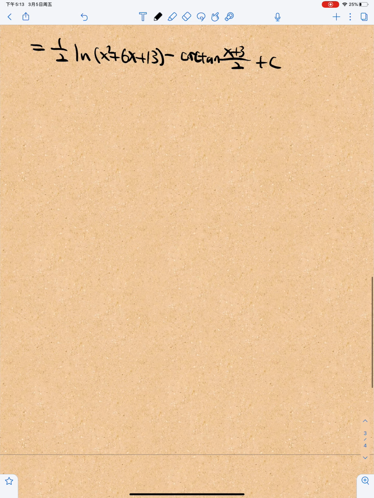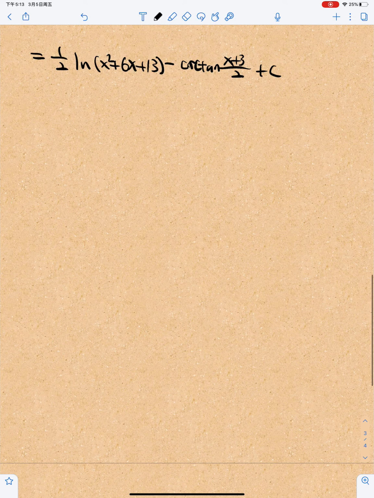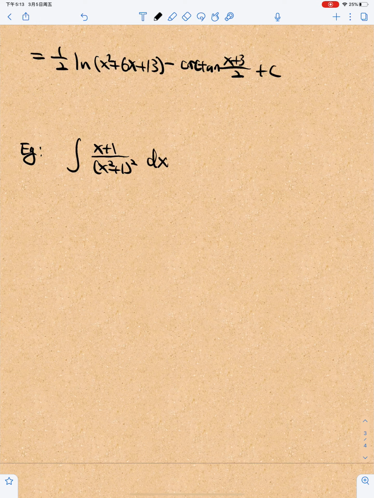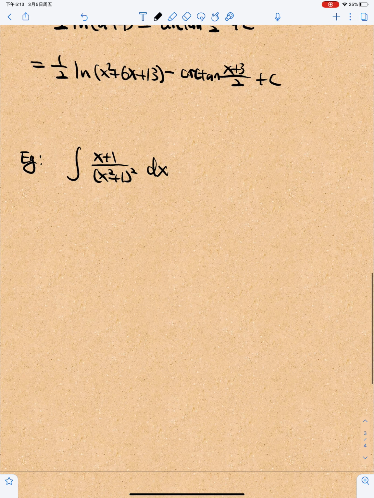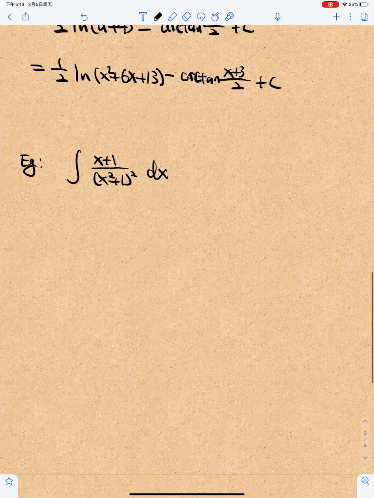So let's consider the following example. How do we integrate (x plus 1) over (x squared plus 1) squared? What I'm going to do is give you a few hints about how to solve this question and then leave the rest as an exercise.